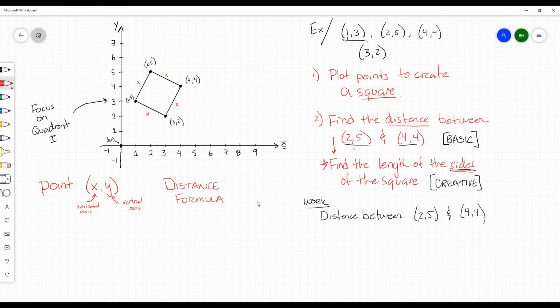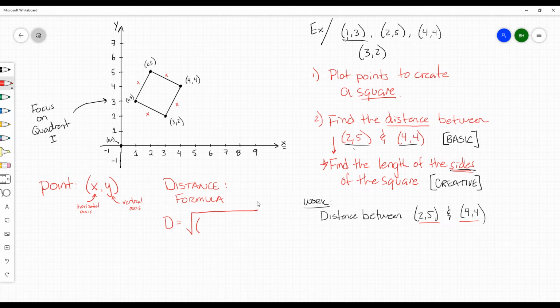So the distance formula can actually be derived from the Pythagorean theorem, and it is going to be D, actually we'll use capital D for this, equals the square root of, let me go ahead and write that down here. D equals the square root of, we need to incorporate both points when we're finding the distance. So each point will be used somewhere in this formula.